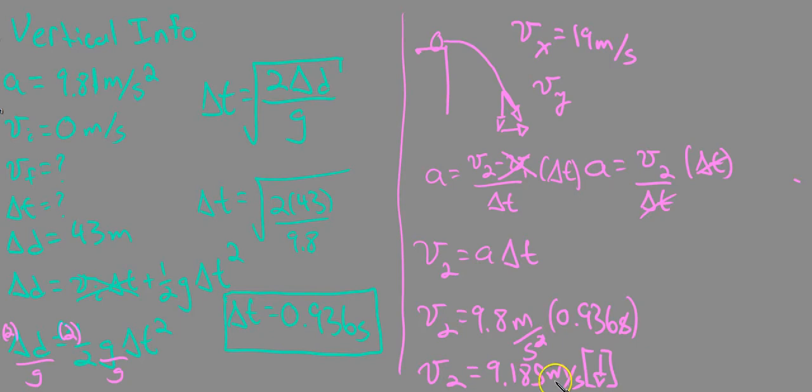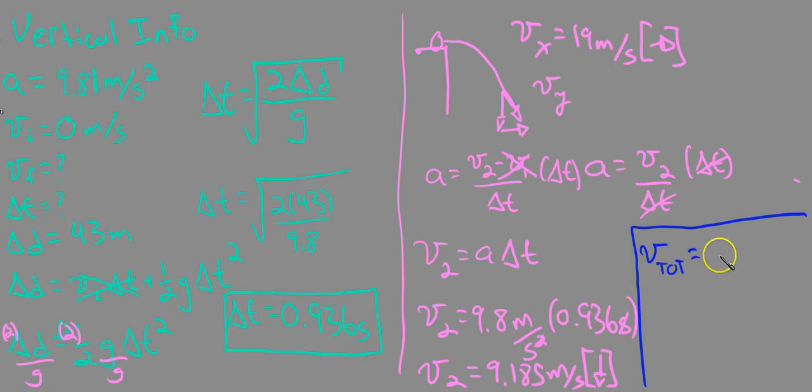So I know my velocity going down, I know my velocity going to the right, and now I need to figure out what my resultant velocity is going to be. I'm using Pythagoras' theorem here, a squared plus b squared equals c squared.